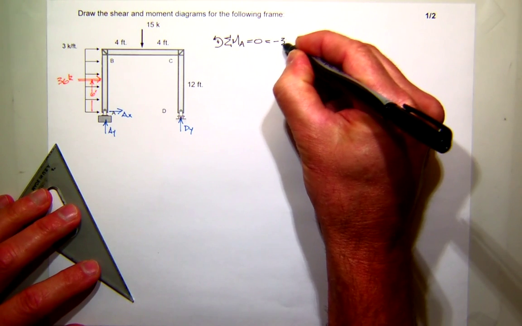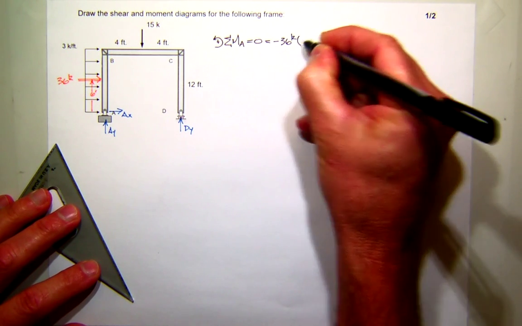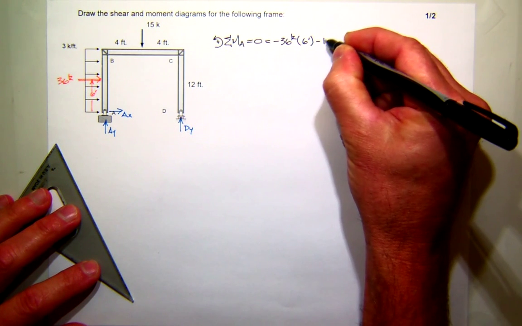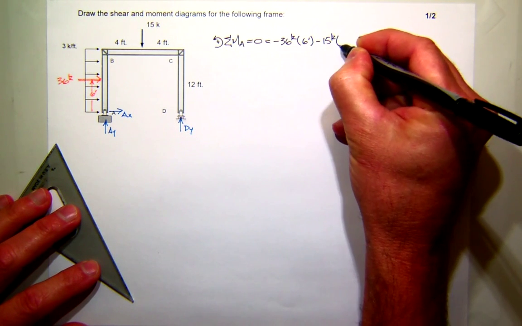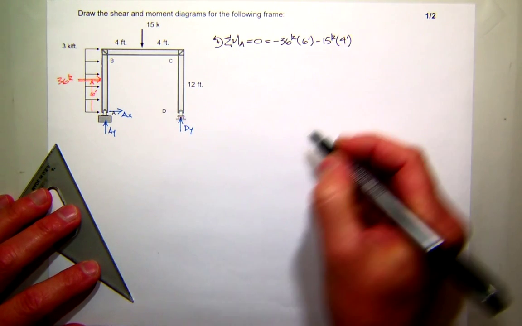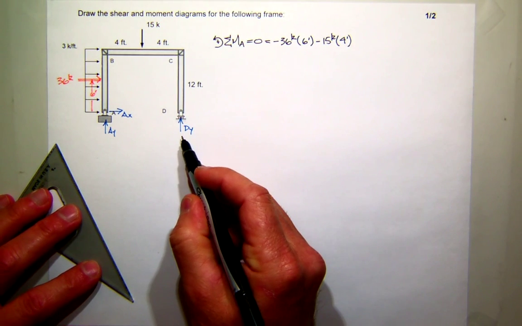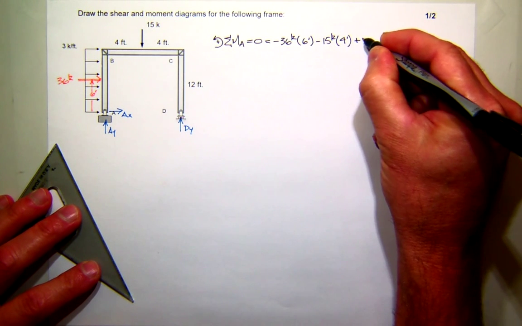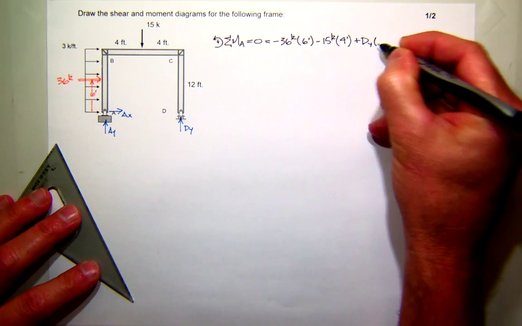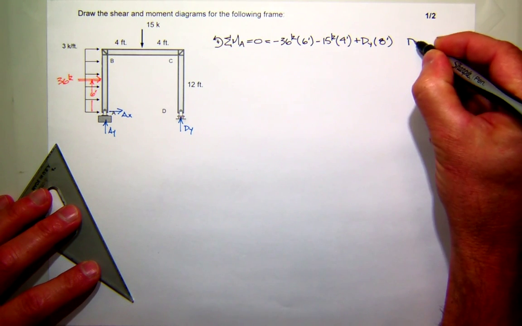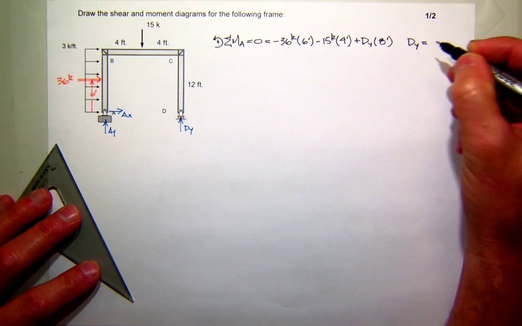So I'll have negative 36 kips times a moment arm of 6 feet. And then 15 kips, that moment arm is 4 feet. And then DY, the way I've assumed it, is going to create a positive moment, right? And that has a moment arm of 8 feet. So we should be able to solve for DY.